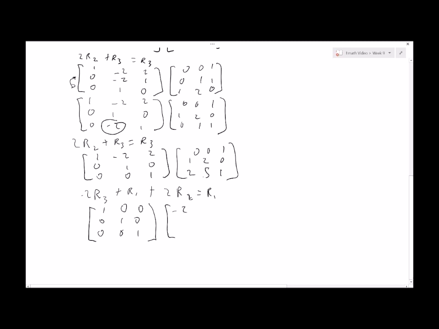And now the next one is going to be negative 10 plus 0 plus 4 is going to be negative 6. And negative 2 plus 1 is negative 1. 1, 2, 0, 2, 5, 1. And this is your inverse.